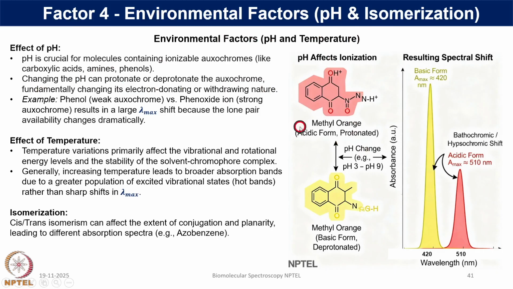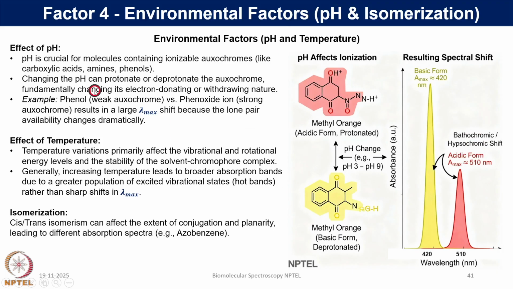For methyl orange, the acidic form is protonated, and it goes from pH 3 to pH 9 to the basic form, which is deprotonated. Look at the color change: from the basic form at 420 to the acidic form at 510, and a bathochromic or hypsochromic shift happens depending on whether it is protonated or deprotonated.